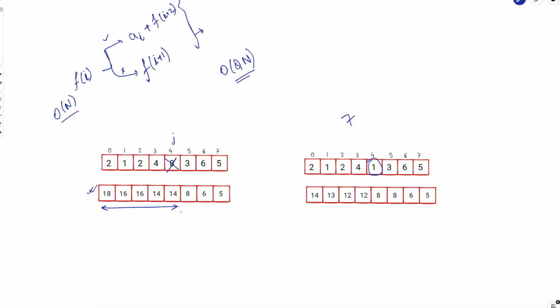Also, not only a few indexes are changing, almost everything before j is changing, at least in this particular scenario. So there will be scenarios where everything before j will change, and if you do it naively, this will again take you order q into n time.